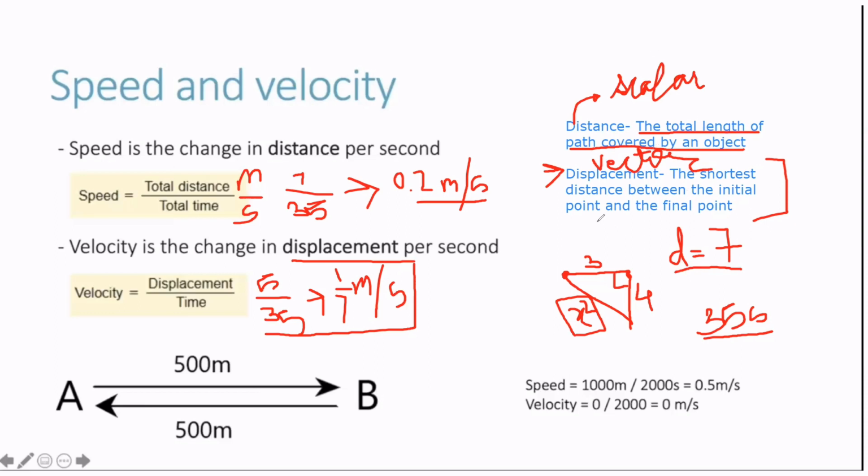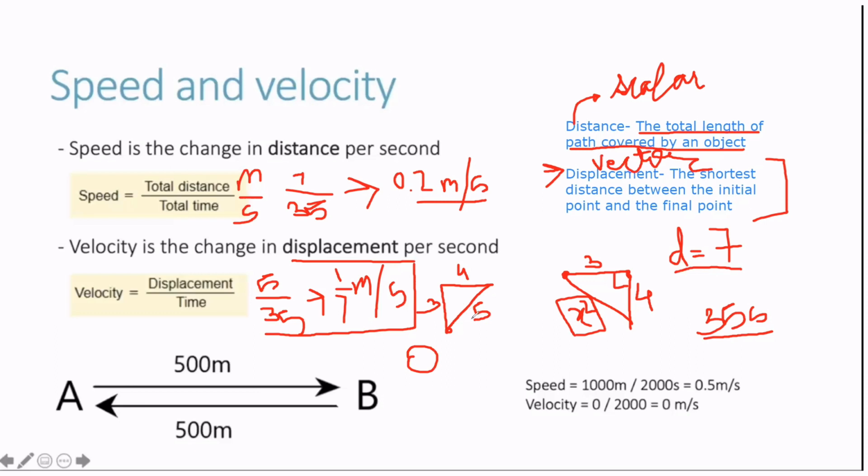Now, one more difference is that displacement can even be zero. For example, if I start from here, go till here, then go here, and then come back again taking the same path, 3, 4, and 5. So my final and initial point are the same, so displacement would be 0, okay?